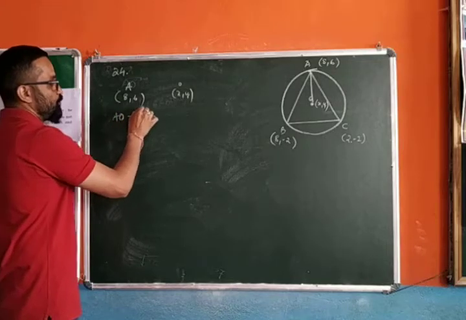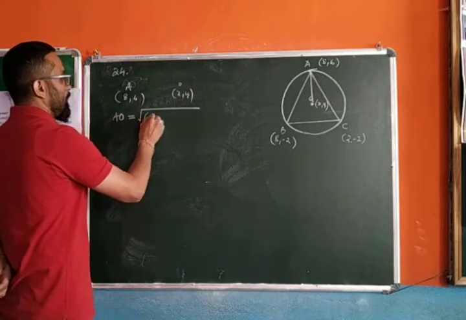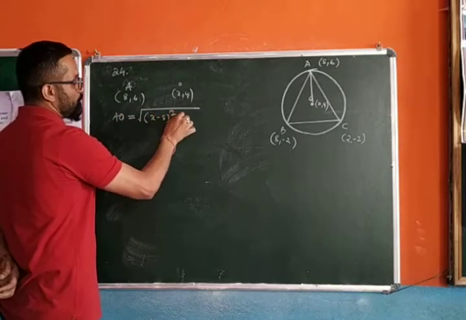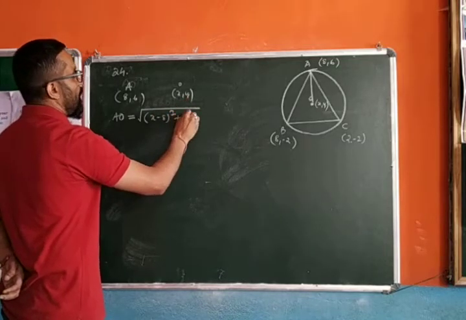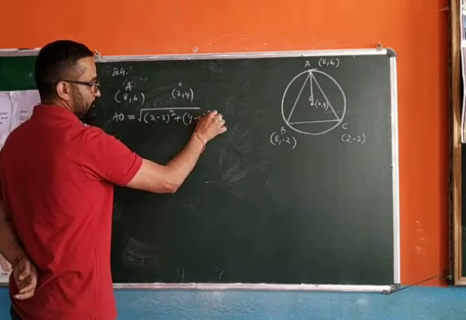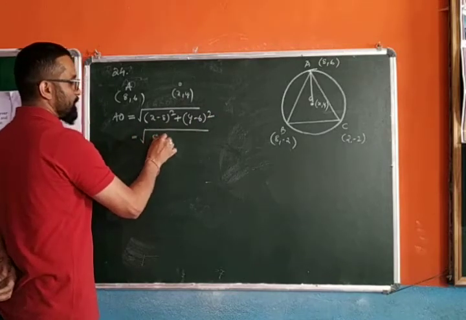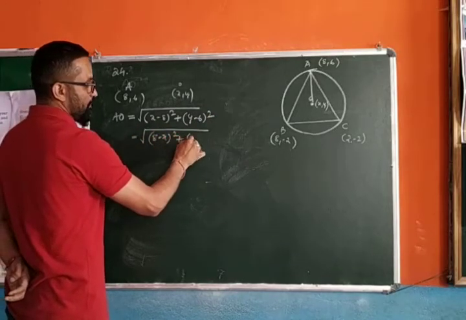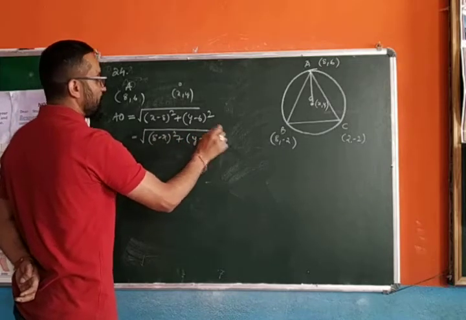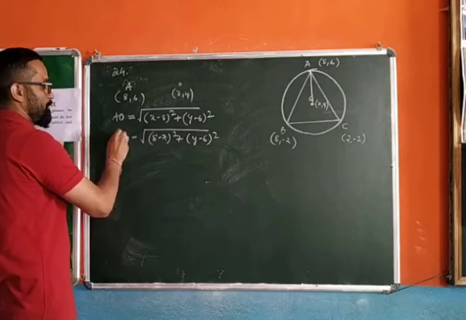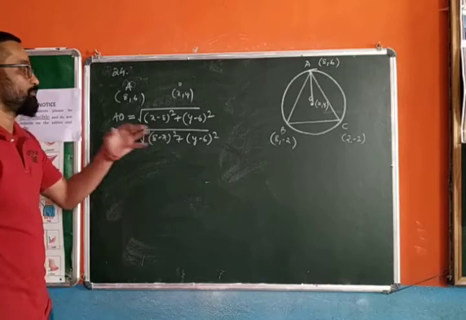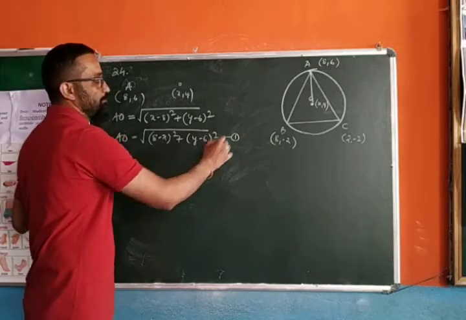AO equals the root of (x - 8) whole square plus (y - 6) whole square. Simplify it: (8 - x) whole square plus (y - 6) whole square. Leave it like this, no simplification. I'll do the simplification afterwards. Take it as equation number 1.